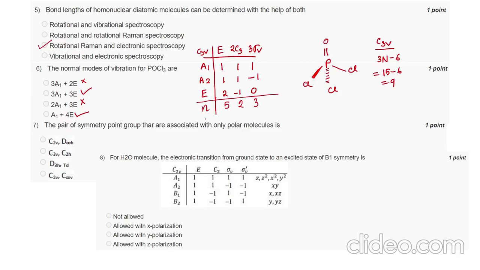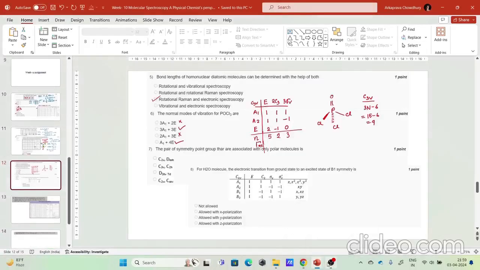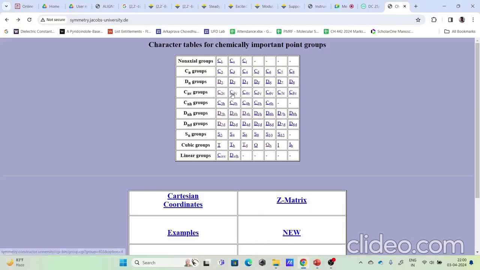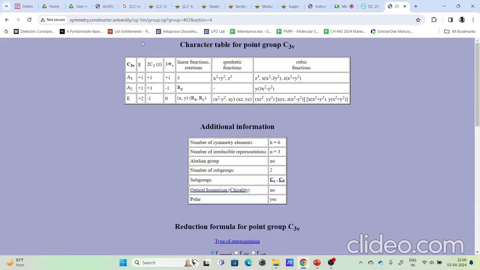What about your gamma xyz? Better we have the C3v point group character table with us. I'll just copy paste it from here.